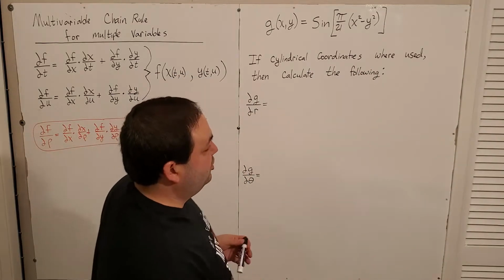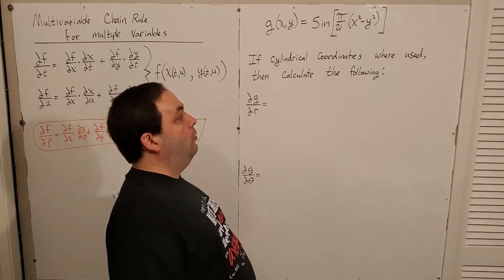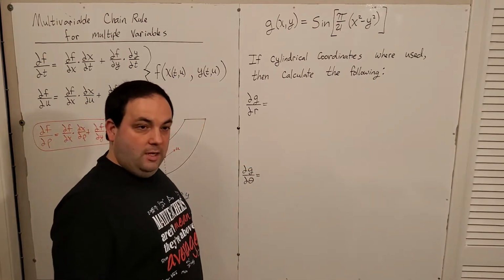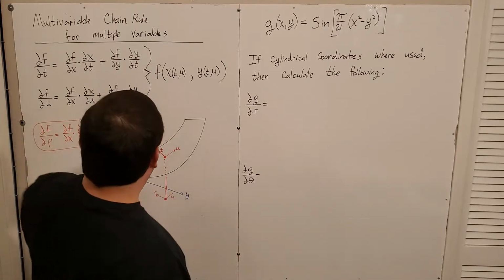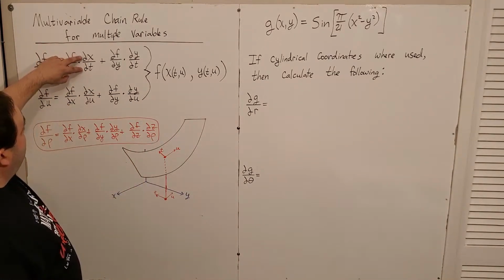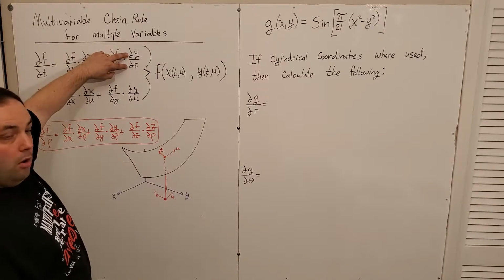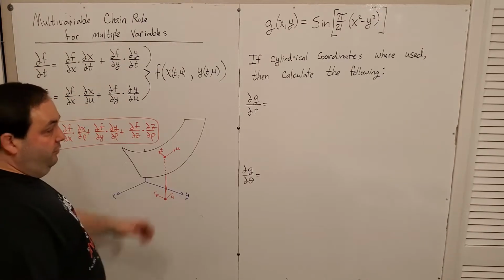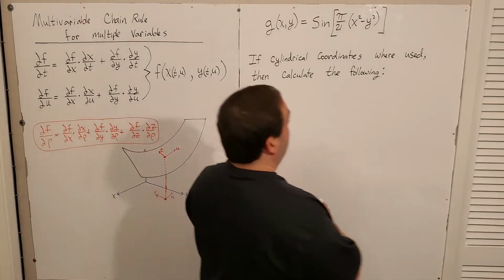Let's start with what our relationships are from x and y to r and theta, because I'm going to need to do a dx dr and a dy dr and a dx d theta and a dy d theta for these guys.